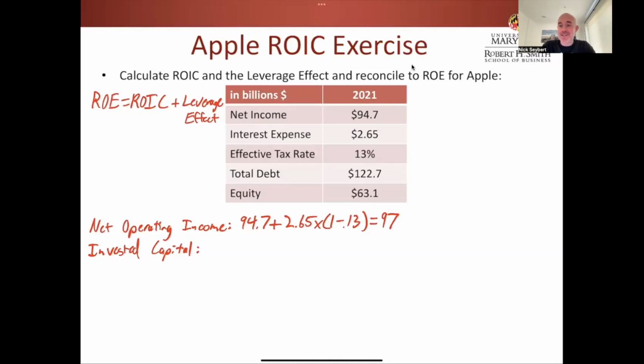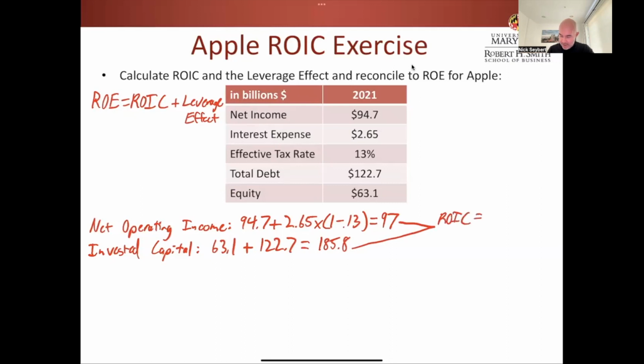It's much easier to just locate the capital, and the capital is the equity and the debt. In this case, we have equity of 63.1 and we have debt of 122.7. Add those together, you get 185.8. Okay, pretty simple. And then to get ROIC, we just divide one by the other.